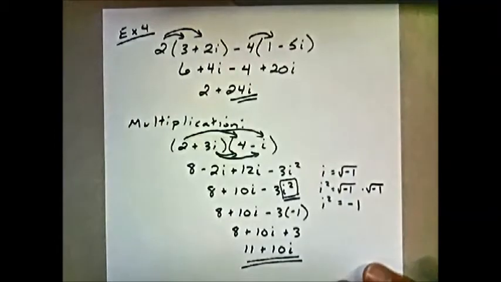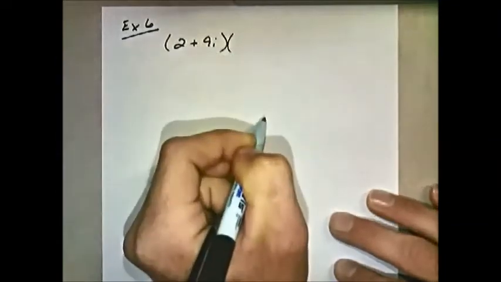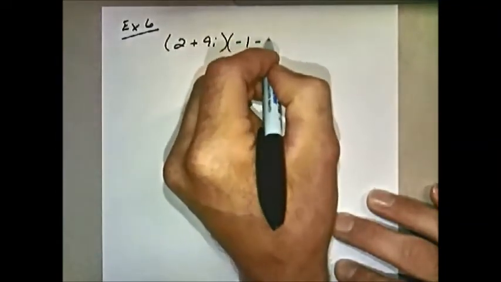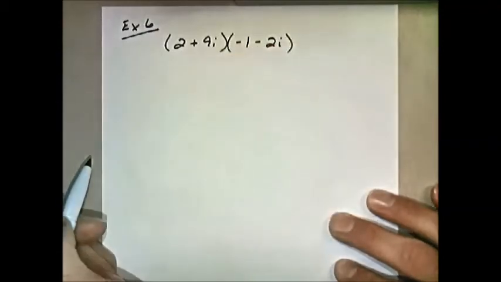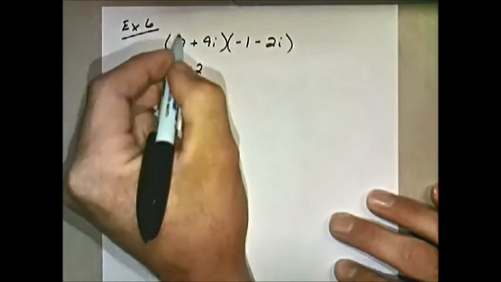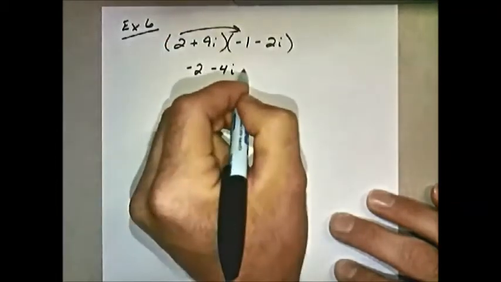Let's take another example of multiplication just to reiterate what happens. So this ends up being example 6. Let's take 2 plus 9i and multiply it by negative 1 minus 2i. Here we end up with 2 times negative 1, negative 2, distributing, minus 4i.